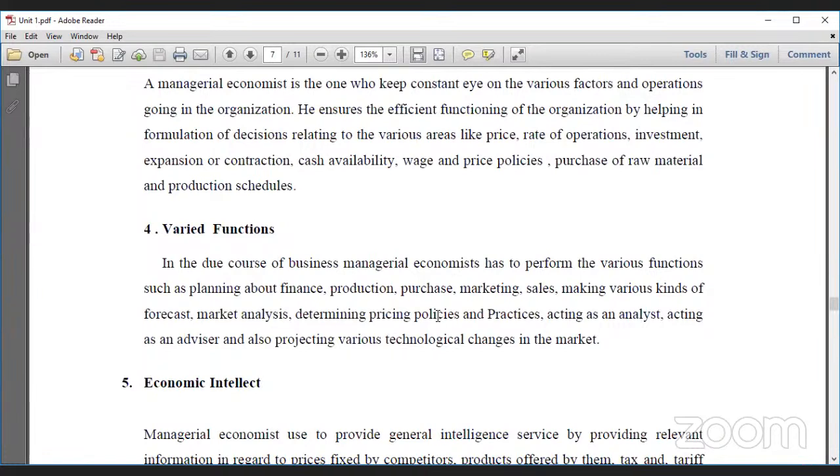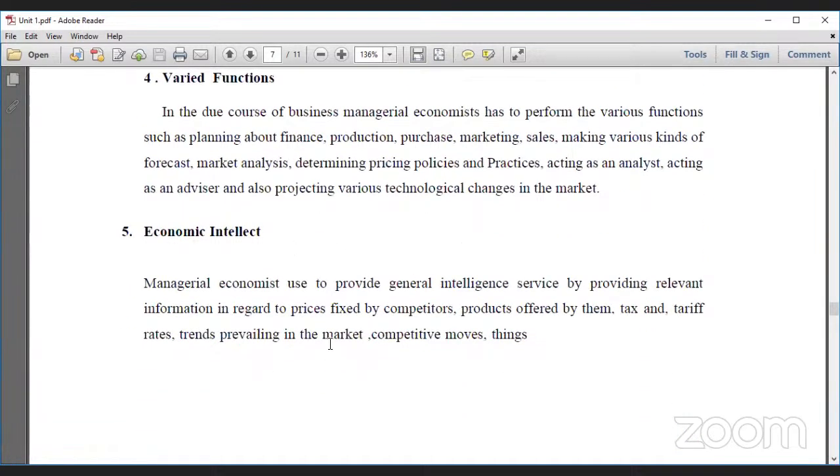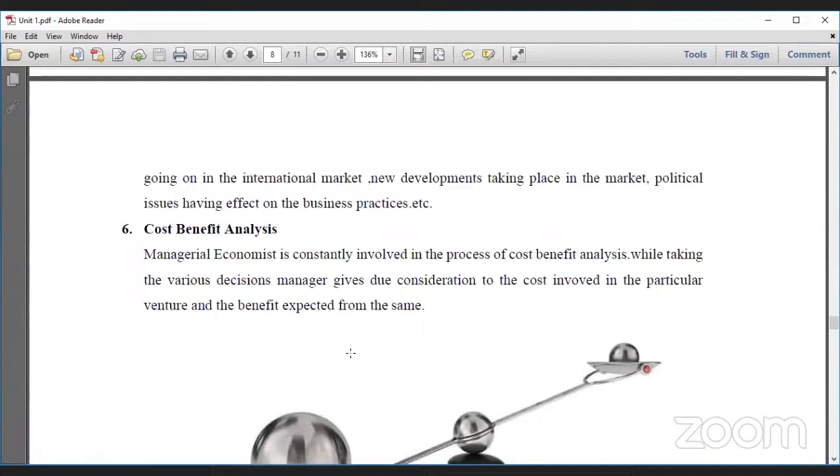Varied functions: managerial economists can do many types of functions, including finance, production, purchase, marketing, sales, demand forecasting, market analysis, determining prices, etc. Then economic intellect. Managerial economists provide general intelligence service by providing relevant information regarding prices fixed by competitors, products offered by them, tax, tariff rates, trends of prices prevailing in the market, and competitive moves, etc.